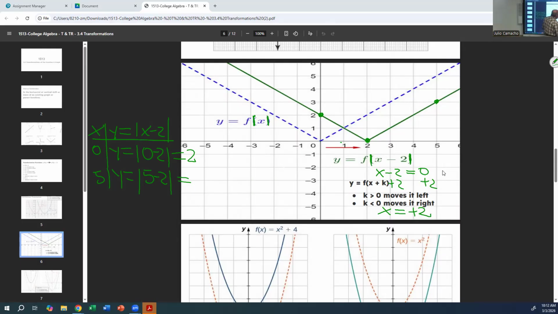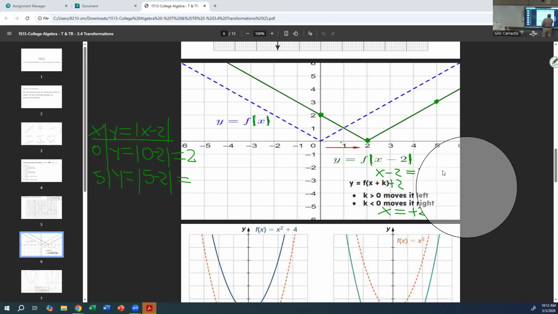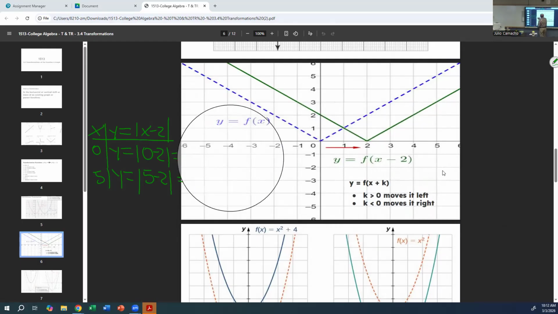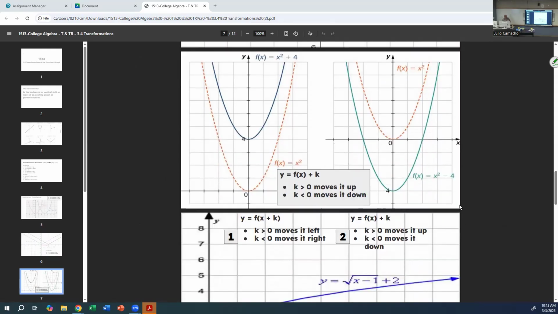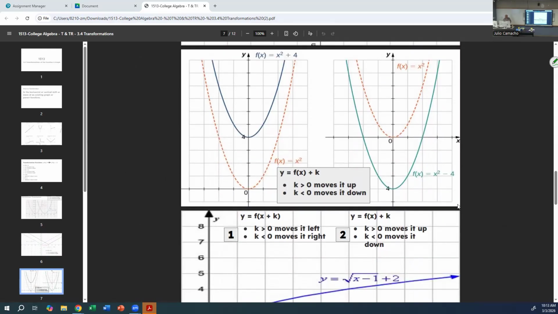So I try to explain to you every function as we study, also the transformation. Let's go to the next one. See what happened there? Now you have the parent function.